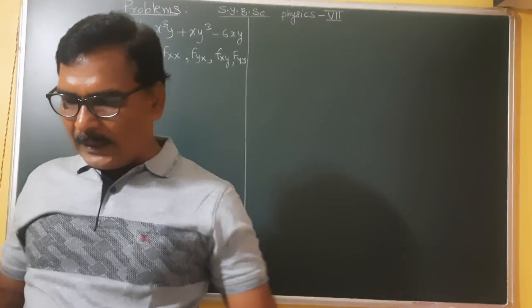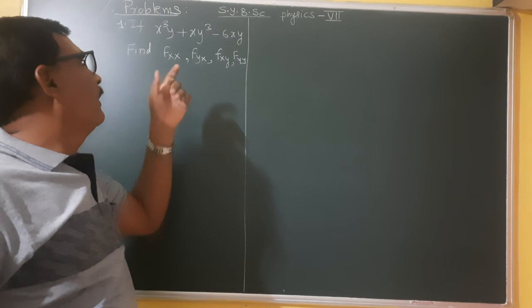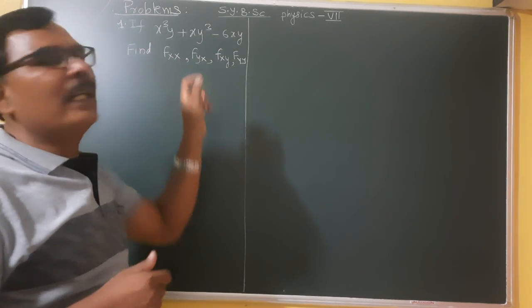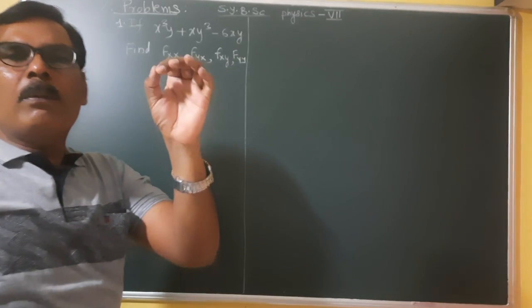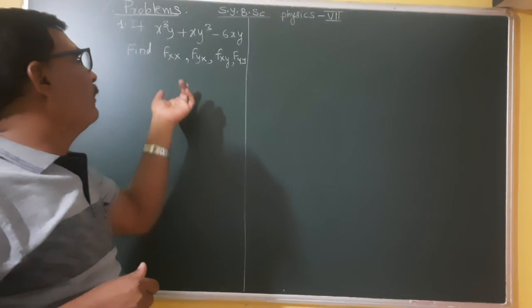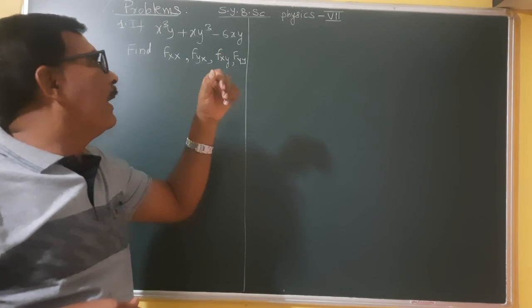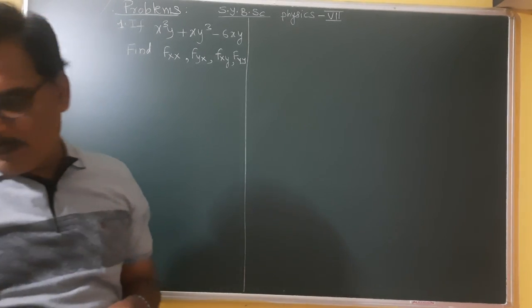In the examination, the question may ask to find fxx or fyy, or to show that f of xx is equal to f of yy, or to find only fxy or fyy. Such types of problems are asked in the examination.